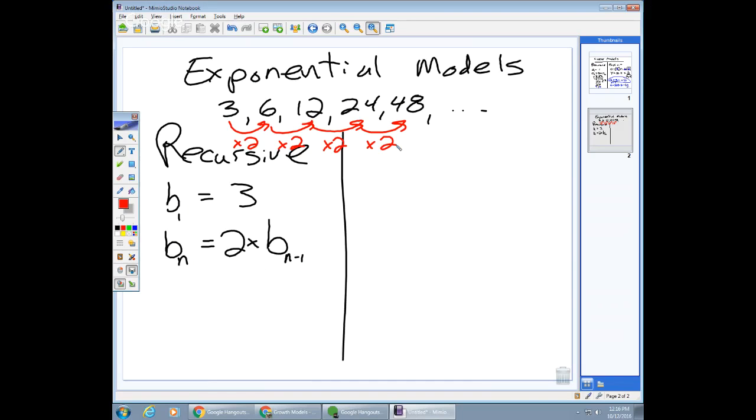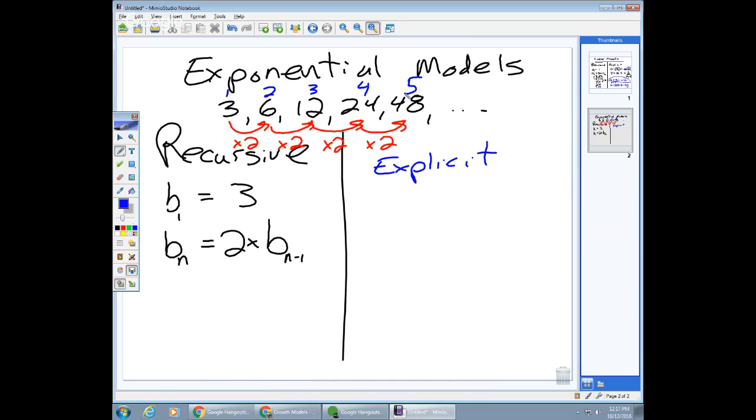All right, to turn this into an explicit formula, what we have to do is just kind of shorten the repeated multiplication. And the trick there was, what does repeated multiplication mean in math? It'd be an exponent, right? Yeah, so if I want to end up with over here, see, that's the first, that's the second, that's the third, that's the fourth, that's the fifth.